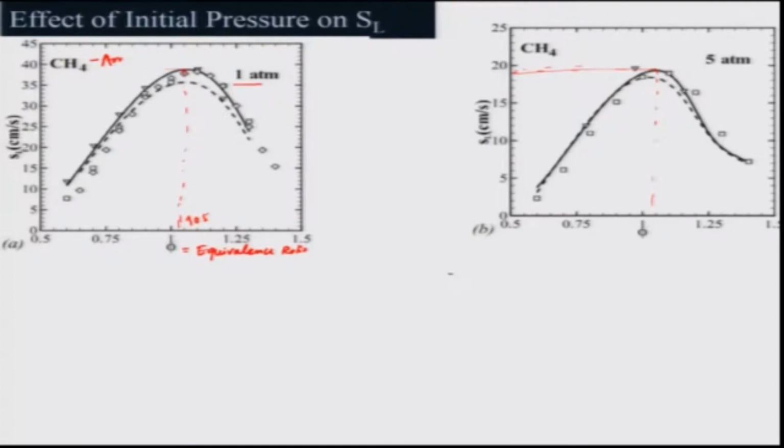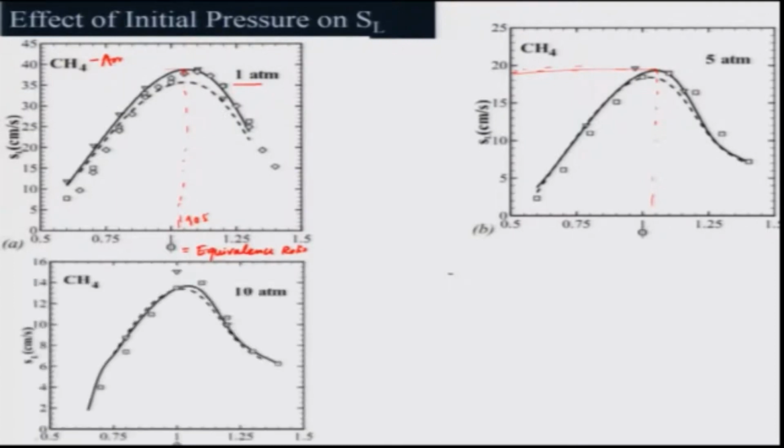And when you increase this further to 10 atmospheres, the curve is similar, but there might be a little less data here. However, the pattern of variation of laminar velocity with respect to equivalence ratio remains almost the same, only the peak value is being reduced.